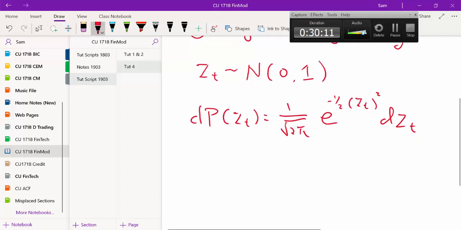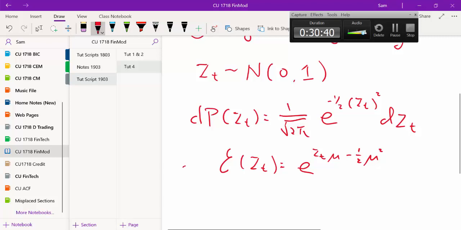Now let me just define a function on ZT, and I'm going to call it this one. Just bear with me for a moment. So I've now defined a new function.